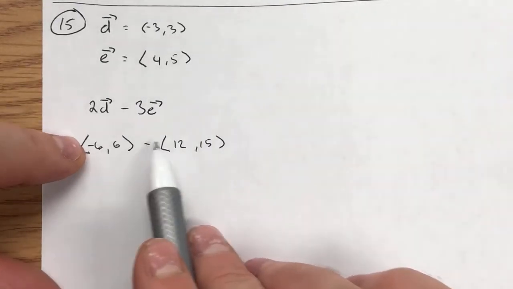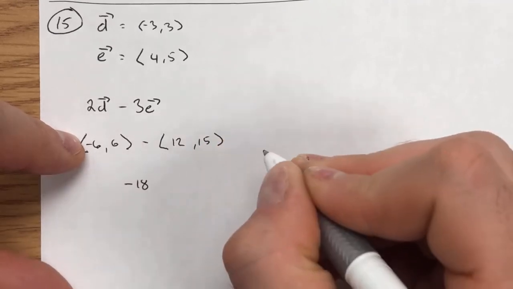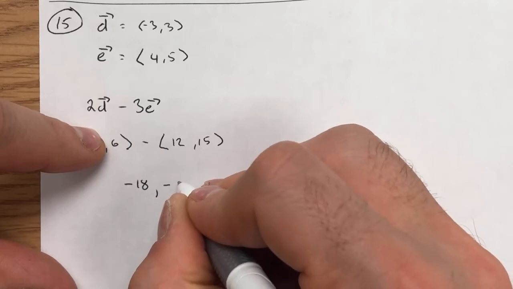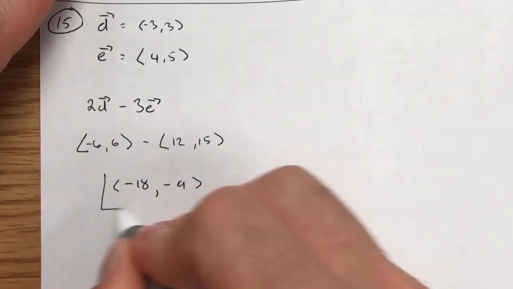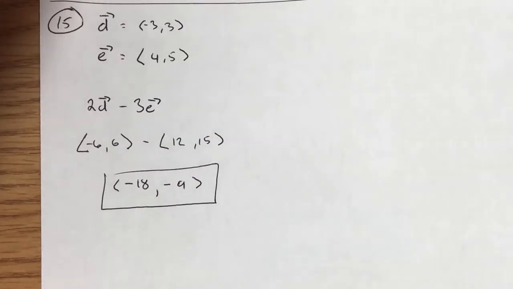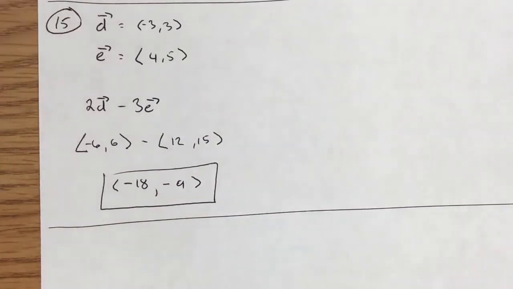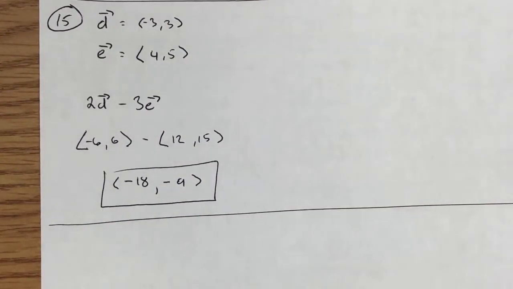So negative 6 minus 12 gives me negative 18, and 6 minus 15 gives me negative 9. And there's my resulting vector. Awesome. In essence, I'm combining these two vectors together. You can do a tip-to-tail method, but this method works pretty well.